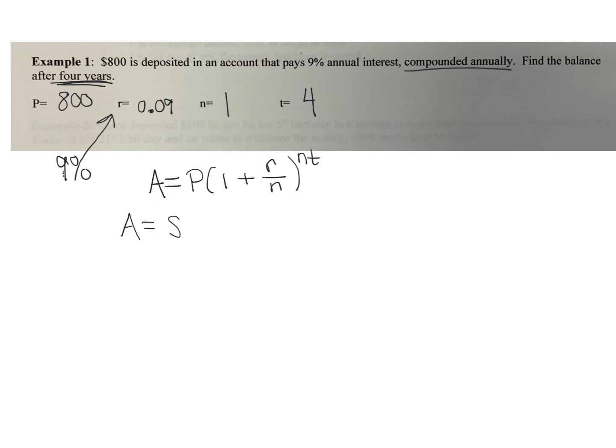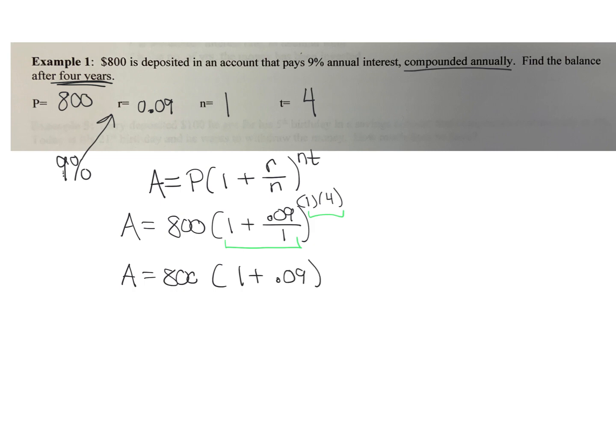Amount equals, my principal was 800, times 1 plus 0.09 over 1, to the 1 times 4 power. Since you're using a scientific calculator, I would simplify as much as possible. So I would simplify this piece and this piece first. So my amount is going to equal 800 times 1 plus 0.09, because 0.09 divided by 1 is just 0.09, and 1 times 4 is 4, equals 800 times 1.09 to the 4th.